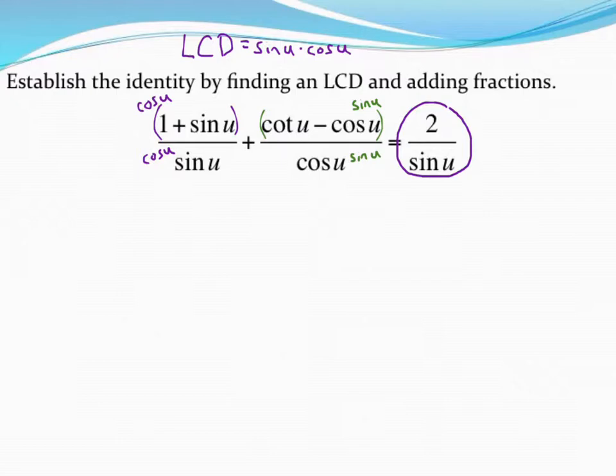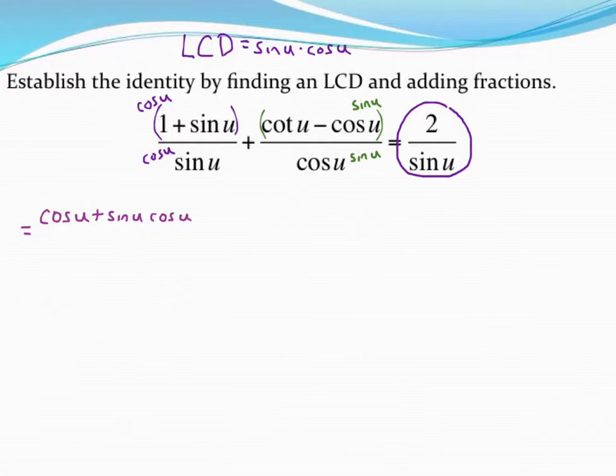So let's go ahead and multiply this out and see what happens. This problem is going to get messier before it gets nicer, so fair warning. For the numerator, I'll try to color coordinate this a little bit for you. When I distribute cosine, I've got cosine of u, since cosine times 1 is just itself, plus a sine u cosine u, those pieces multiplied together. I'm going to switch colors to green now to talk about that second multiplication.